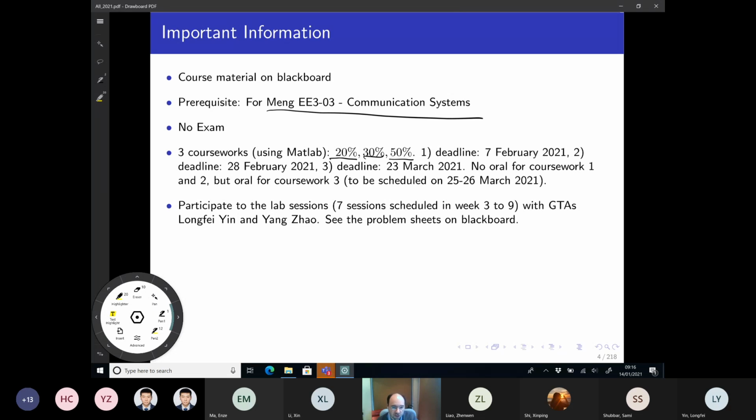In coursework 3, you are essentially going to simulate the fundamental building blocks of a 4G and 5G system. You are going to simulate multi-cell, multi-user, multi-antenna communications.